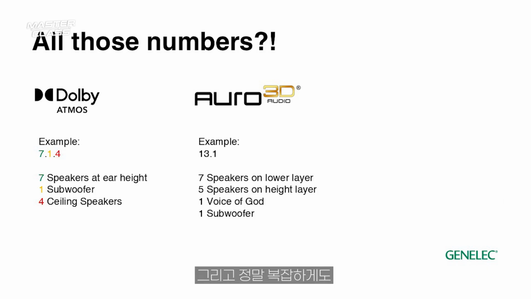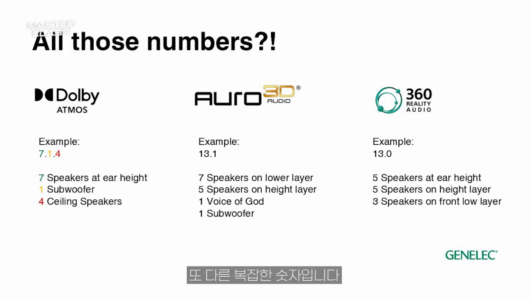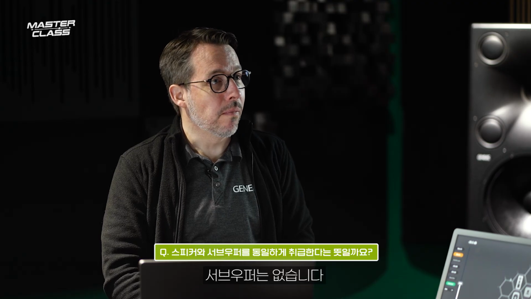And to make it really complicated, Sony 360 is talking about 13.0. Again, another number. But what they have is 5 speakers on ear height, 5 speakers on a height layer, and then 3 speakers in front of you on the floor. So below the left, center, and right. They don't have a subwoofer.